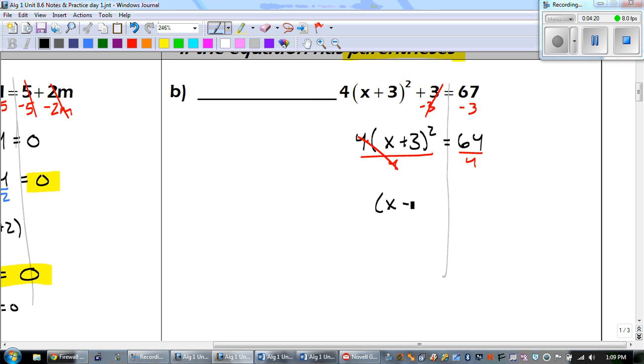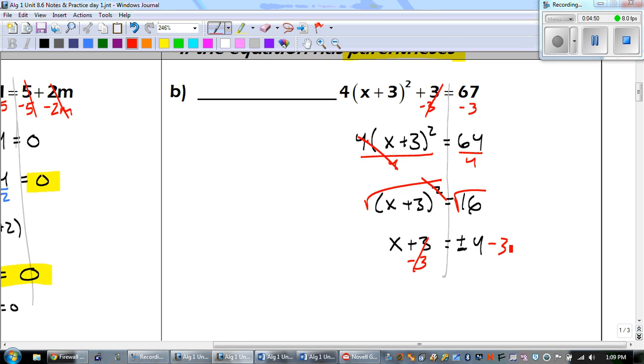And we still have the x plus 3 inside the parentheses squared equaling 16. Now, to get rid of the exponent, the square, we have to take the square root. And then we're left with x plus 3 equals, remember that turns into plus or minus 4. And now to solve, we subtract 3 from both sides.